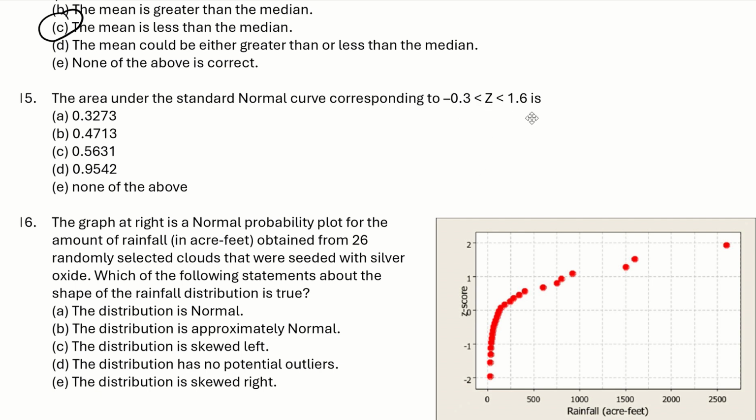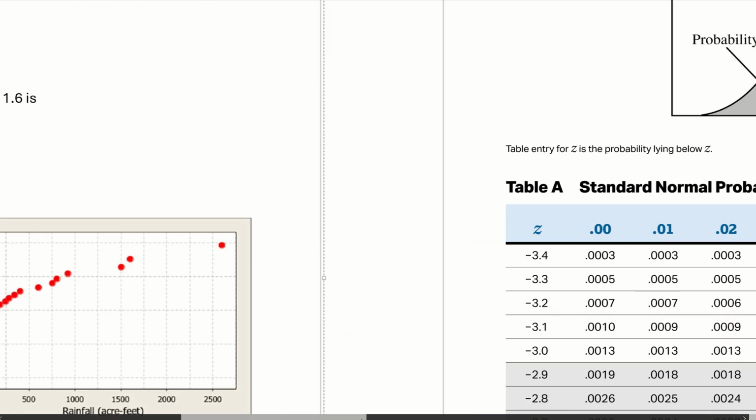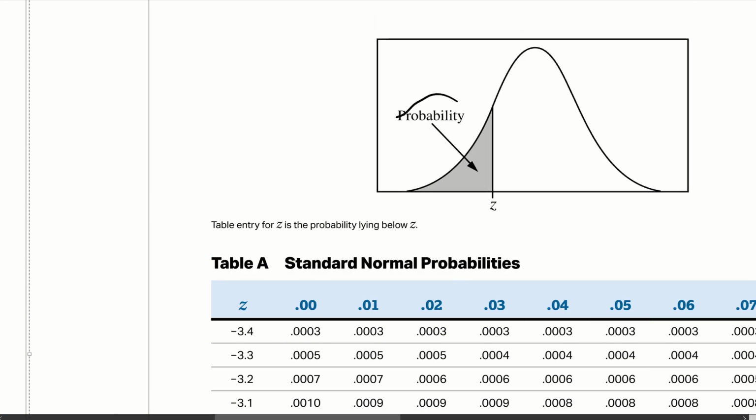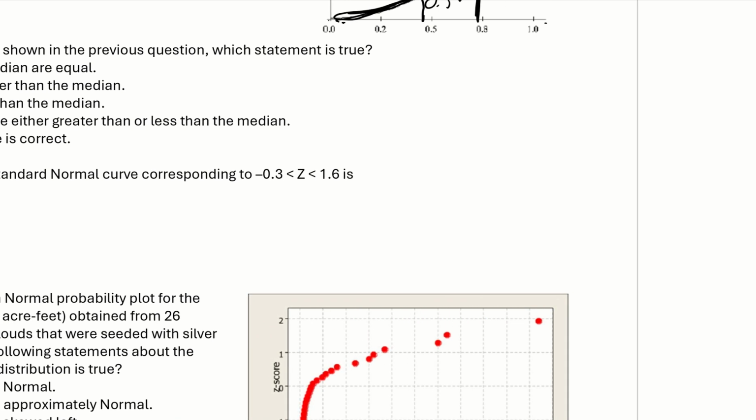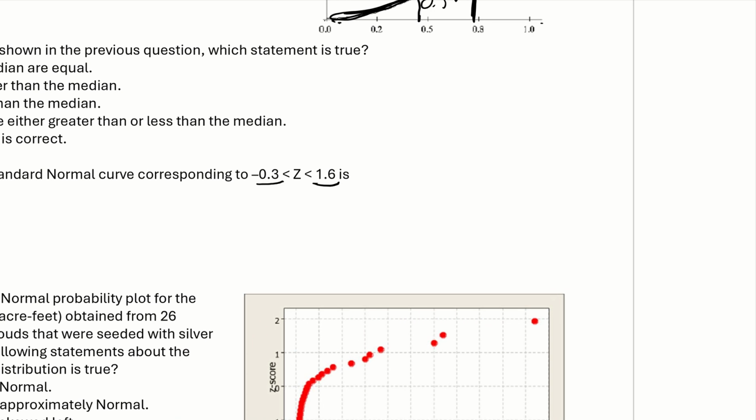Look up the value for z is negative 0.3, look up the value for z is 1.6, and then subtract them, okay? Keep in mind that the area shown in the table shows you the area to the left, all right? So you've got to look up the 1.6, look up the negative 0.3, and then subtract them.